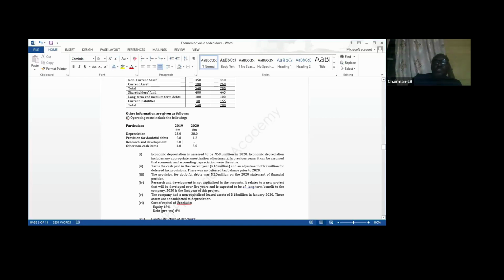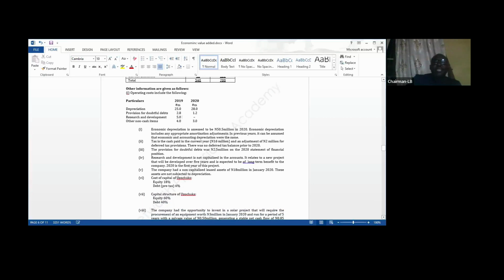Cost of equity, 18. Cost of debt, pre-tax, 6%. Capital structure, equity 60, debt 40.